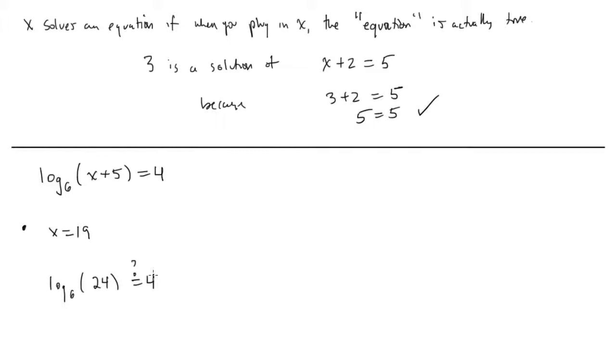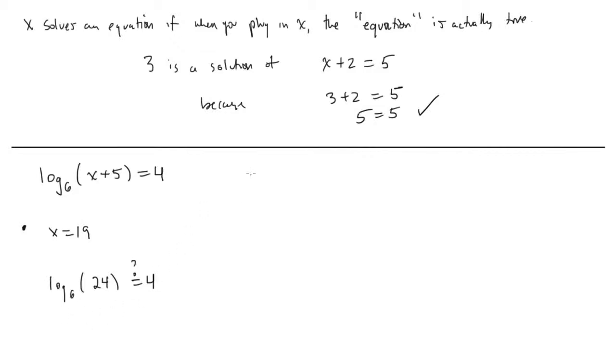Well, I can tell you immediately that it doesn't equal 4, and we can do so without a calculator. And that's really the important thing here: while it's true that I could compute the log base 6 of 24 and figure out what that equals, I don't have to bust out a calculator in order to answer this question.